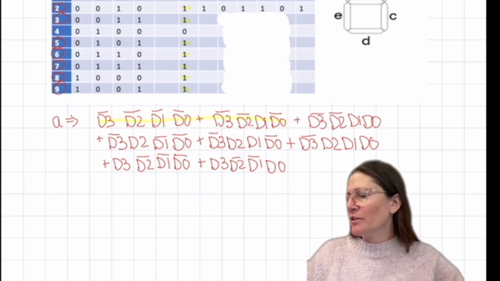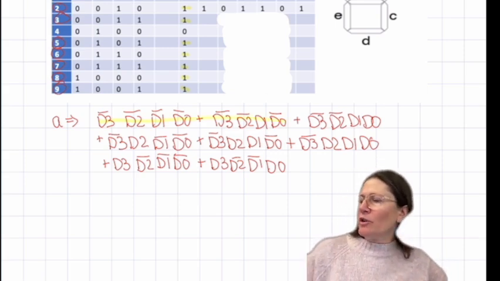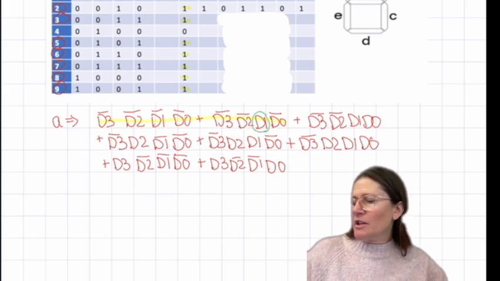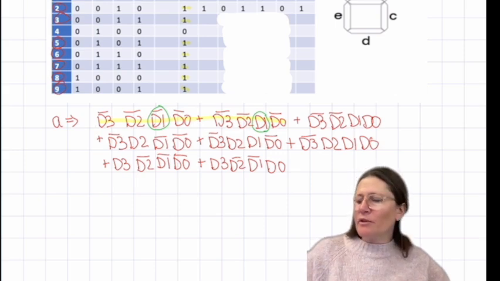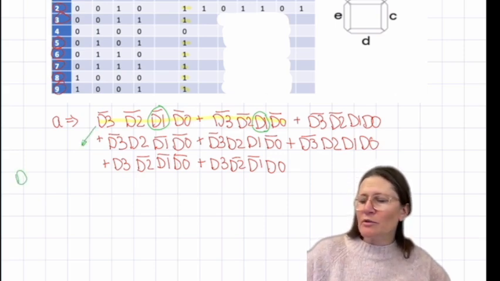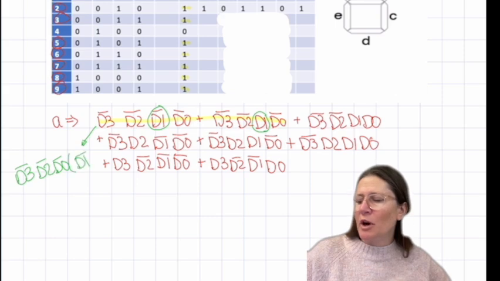If you look at these two terms together, you notice that the only difference between them is the D1 is a bar and a D1 without a bar. So you could reduce this to D3 bar, D2 bar, D0 bar, and then a D1 bar or a D1.